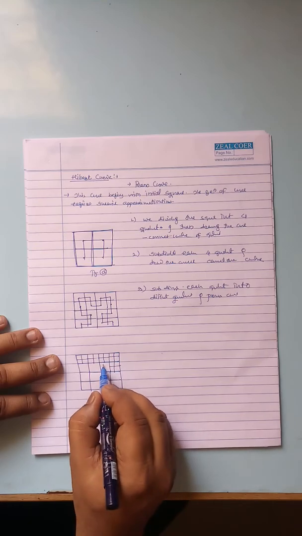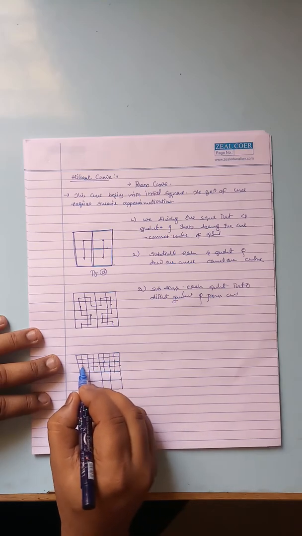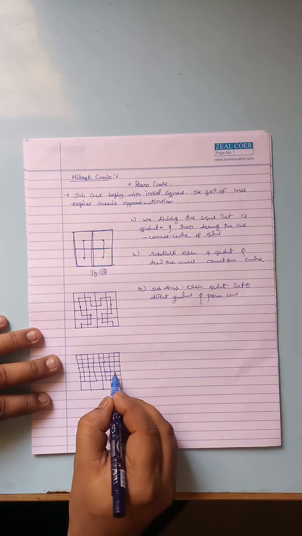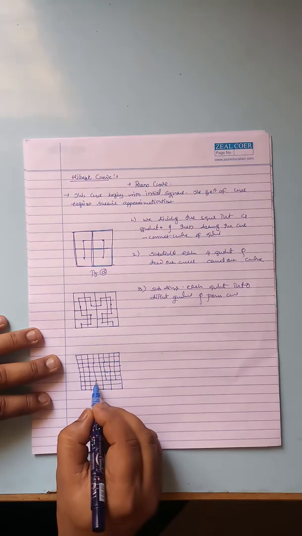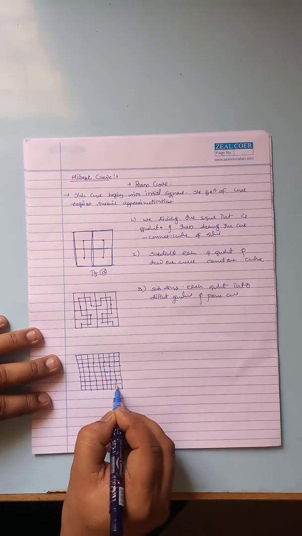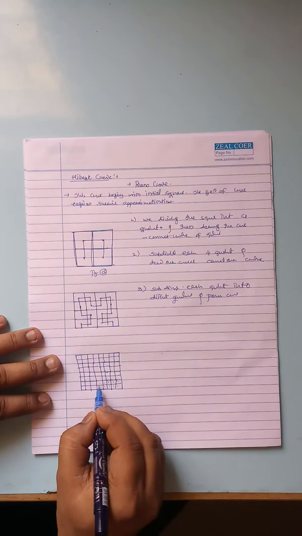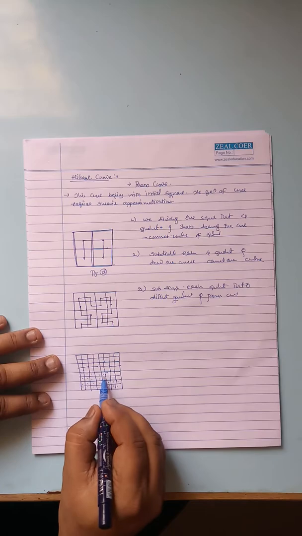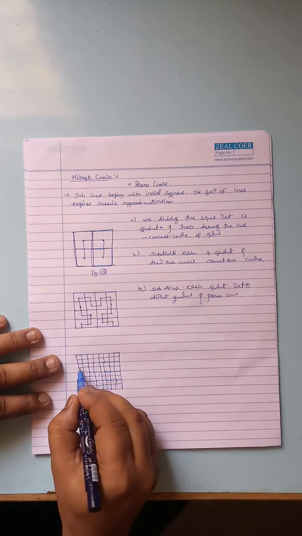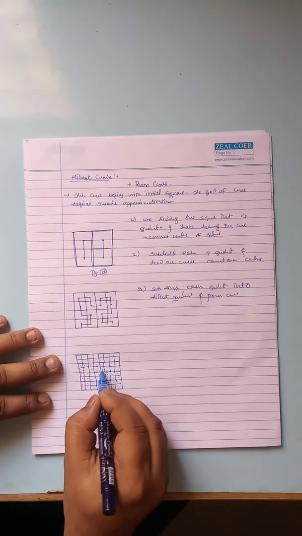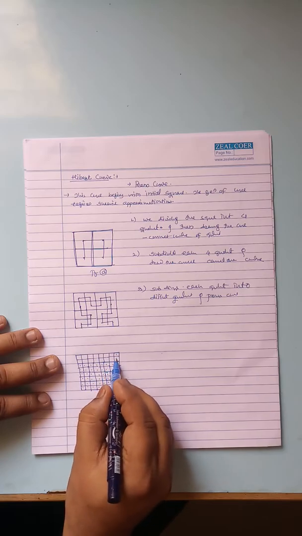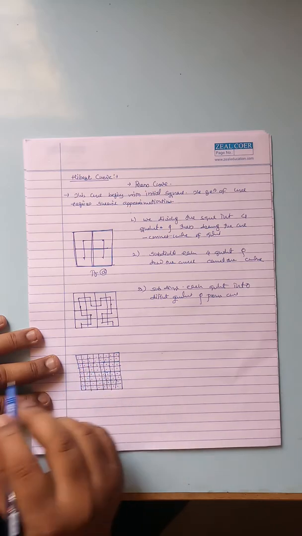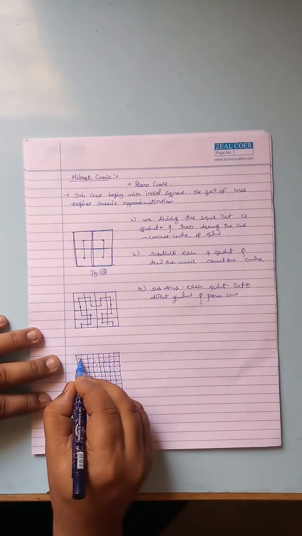So this is the way of dividing, and we find the center of each quadrant. So these are the centers, and then we connect these centers like this one.